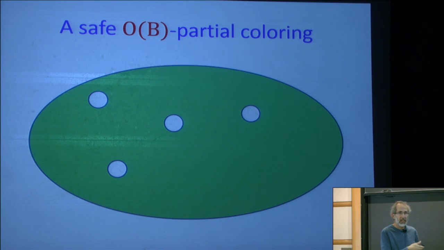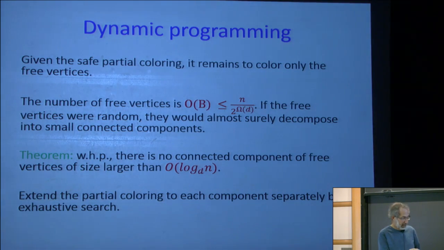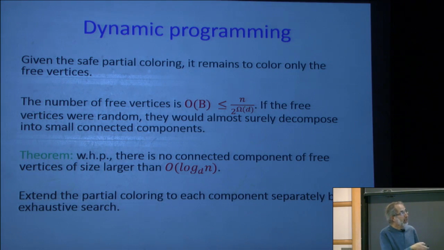So they are very small and you can color each one of them individually by exhaustive search. So this is the main theorem with respect to this step, and then you can complete the coloring.